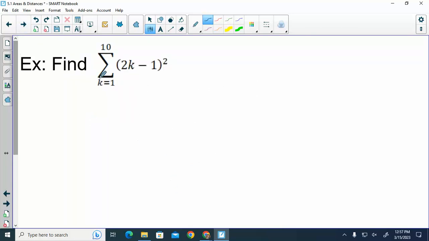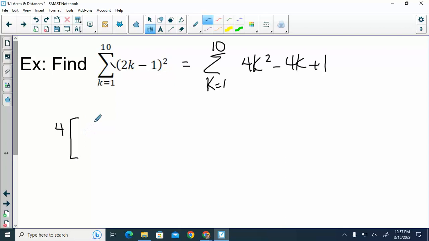Last one like this. Do we have a formula for adding things inside this parenthesis with a square on the outside? No. So we can't just assume that I could add up the stuff and then square it at the end. What should I do instead? Foil. So this would be 4k squared minus 4k plus 1. So we have 4 times my formula for k squared. What would that be?